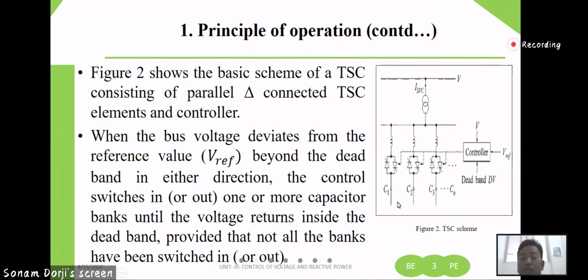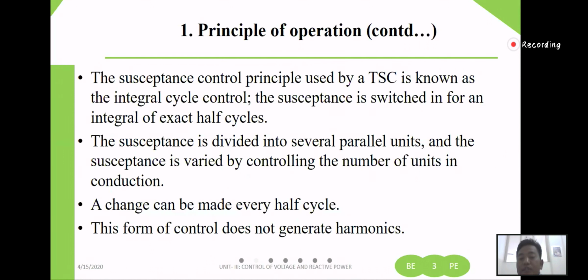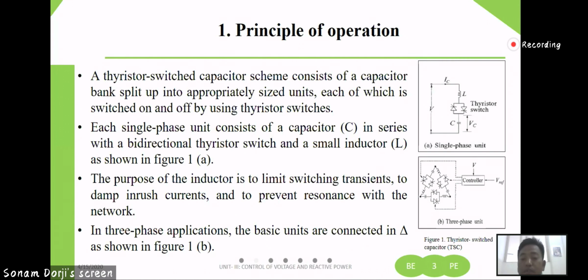So after knowing all this theoretical concept of TCR and TSC, we will go through the practical SVC system. Practically, when we talk about the static VAR compensator, you will find a combination of TSC and TCR. This is the practical one which we will learn.